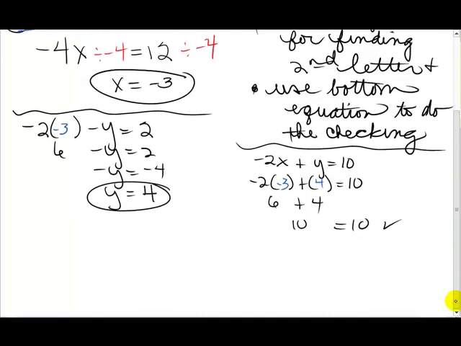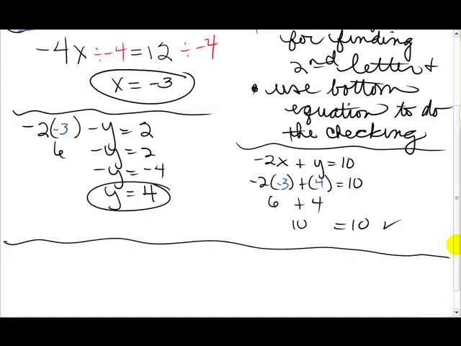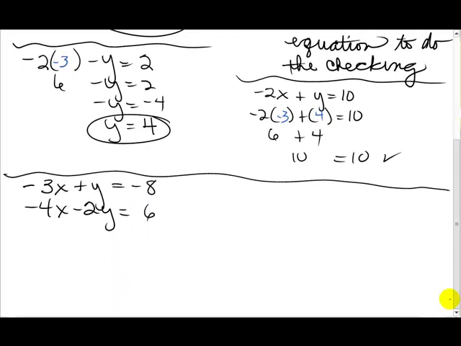Okay. We won't always have two letters that will automatically cancel out, so we will have to manipulate one or maybe both of the equations. Here, what you need is opposite signs and the same coefficient number.